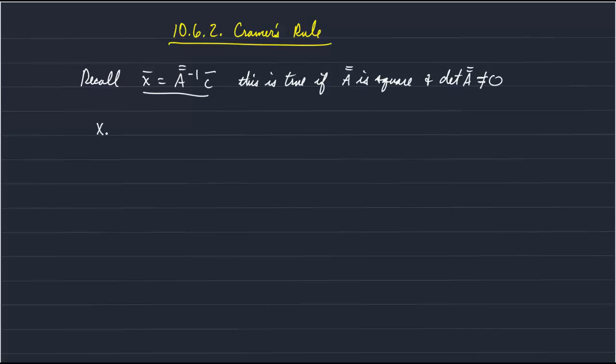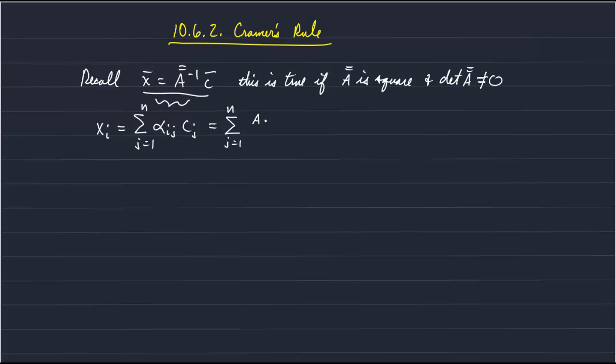And we can write that out. We can describe the ith component, or the ith element of the solution, writing out this matrix multiplication. If we sum over the jth column of the ijth element of the inverse matrix times each element of C. So I'm just writing out this multiplication using the summation, and then writing out each term of the inverse matrix.